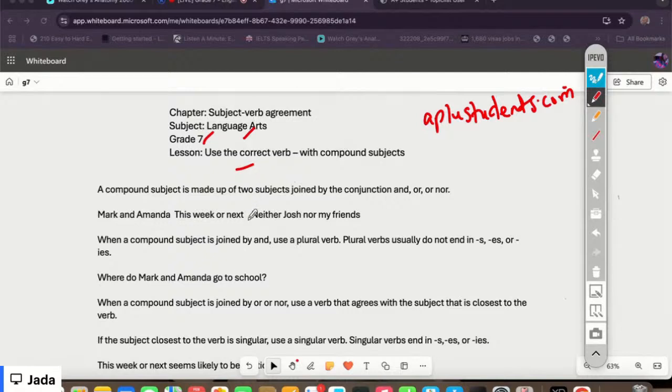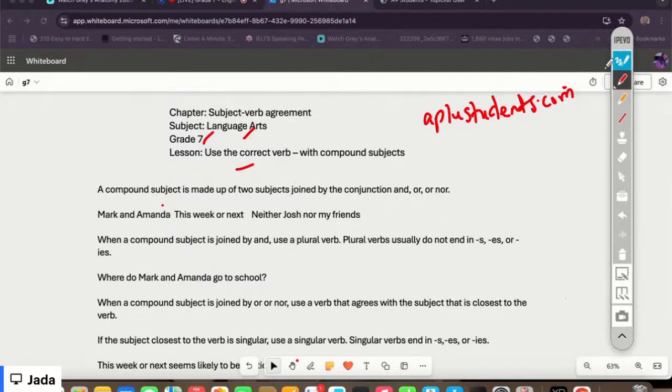All right, a compound subject is made up of two subjects joined by a conjunction: and, or, and nor. These are the conjunctions that join a compound subject.